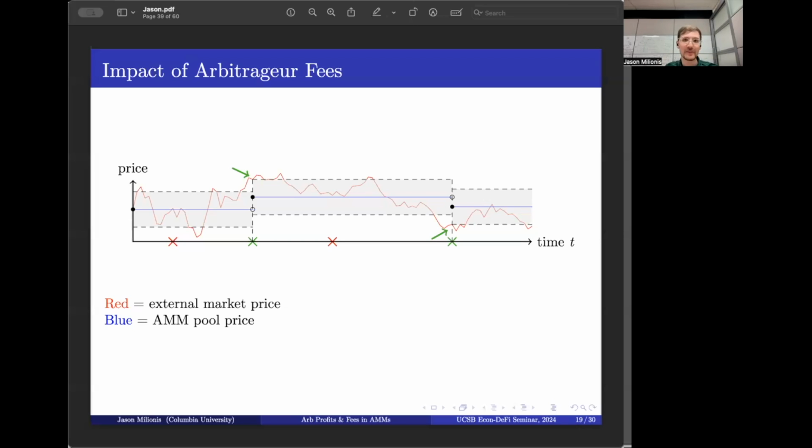You see that the new blue price is not all the way to the red. This happens because the last marginal unit of trade, where the marginal profit is exactly zero, is not going to be at the market price, because at the market price your marginal profit as an arbitrageur is going to be negative. So the price is always going to be revised, but not all the way to the external market price. It's going to be revised some portion of the way to the market price.